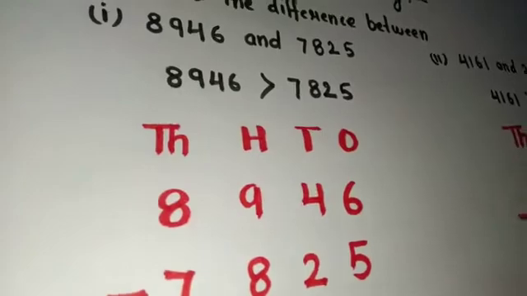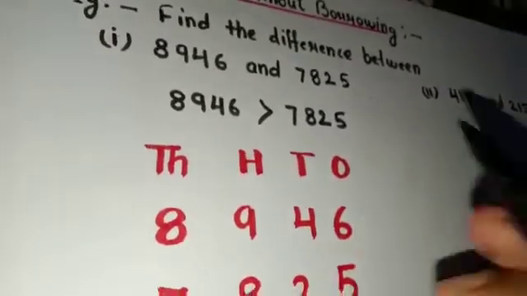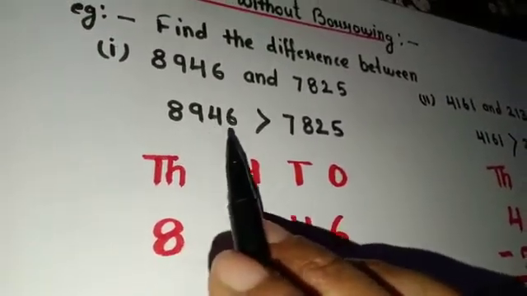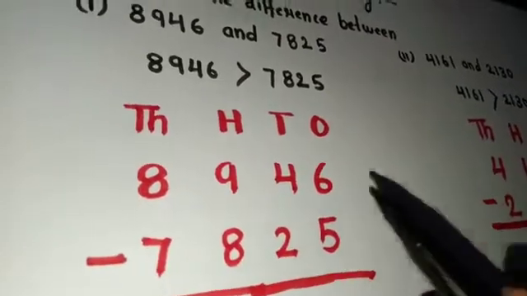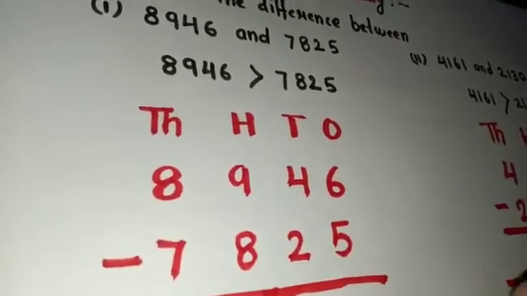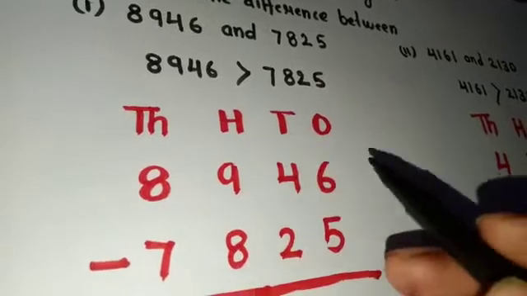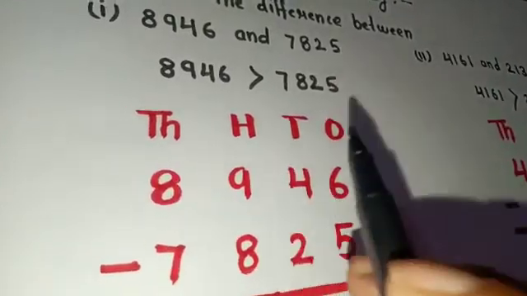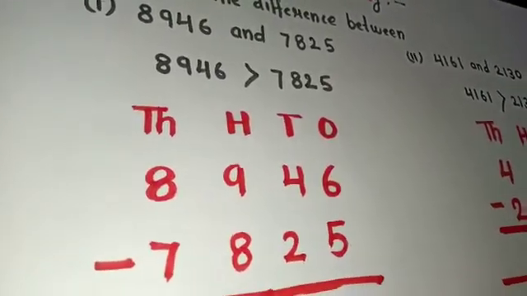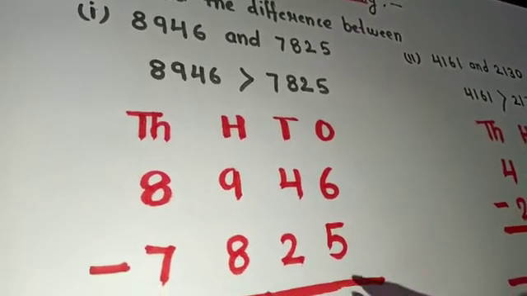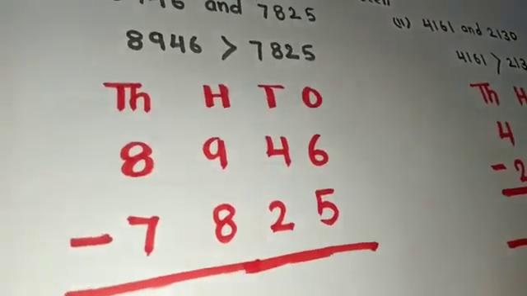So we have to write 8,946 on the top. First of all, we have to write thousands, hundreds, tens and ones. Then we have to write the numbers according to their place value.